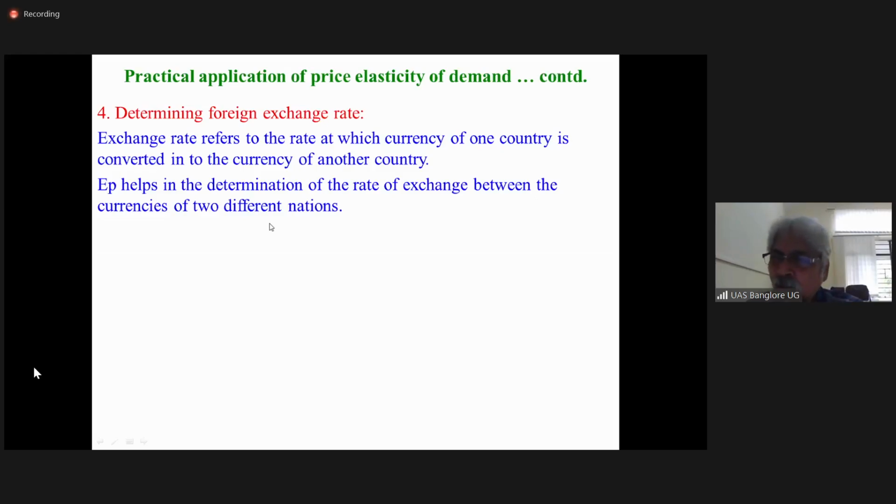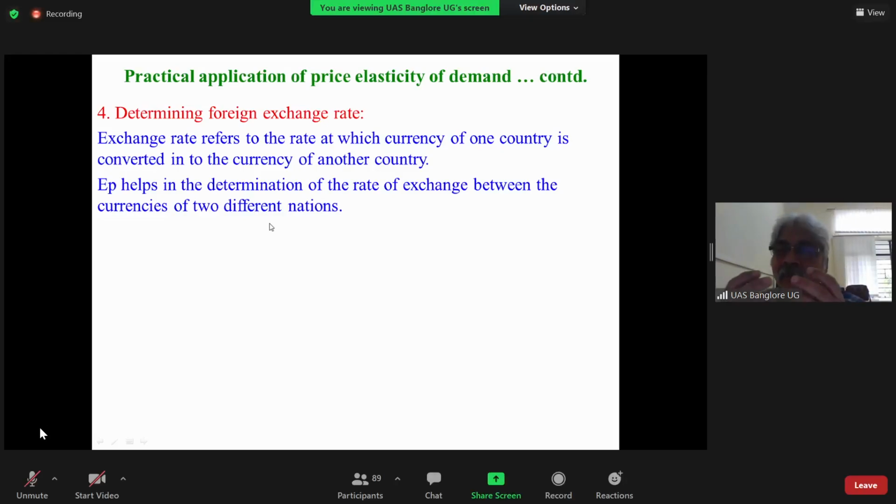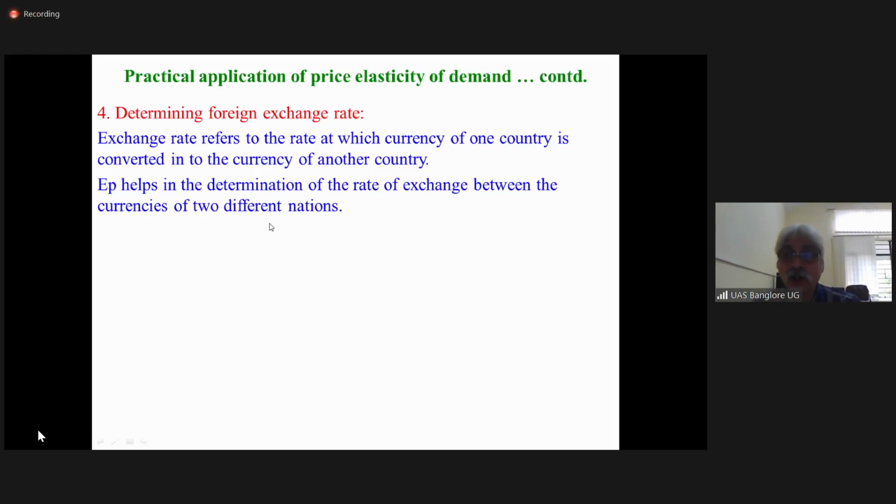Even euros and British pounds are acceptable, but the most accepted currency is the American dollar. Every country is purchasing American dollars to make payment in international trade. So when demand for American dollars increases, the price of American dollars increases. So we have to pay more.